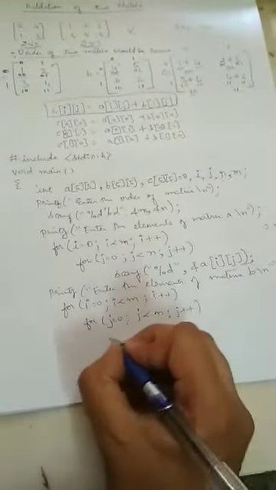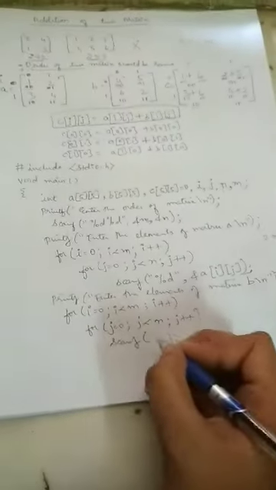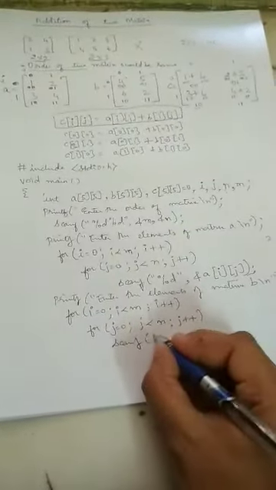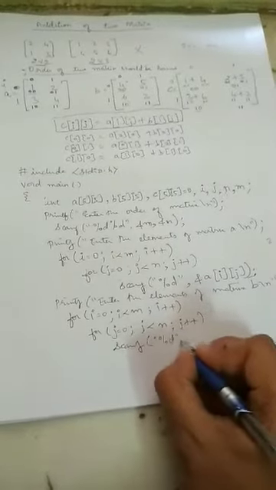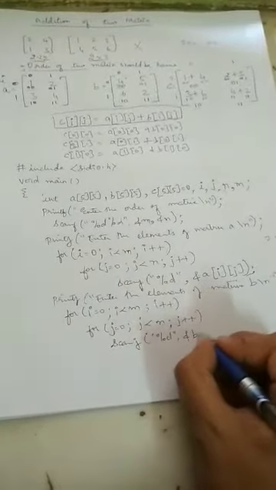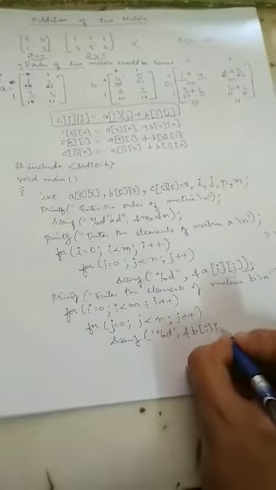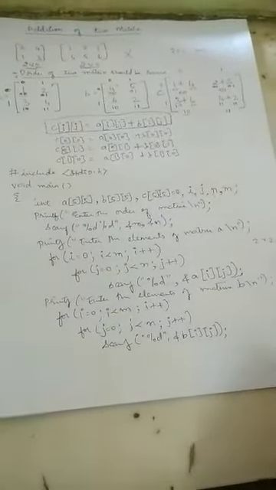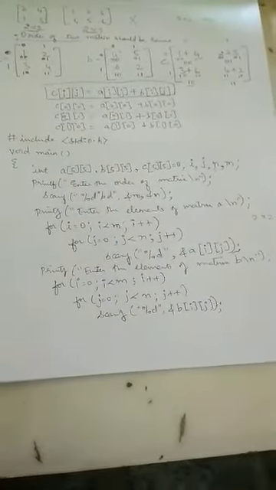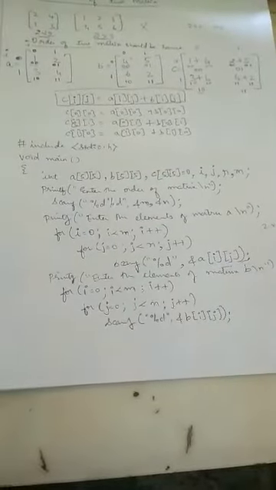Okay, scanf, what is it? %d, ampersand, what we have to write? B of i and j. Okay, now we are done with reading the elements, right? Reading the elements is over, that is matrix A and matrix B are finished.